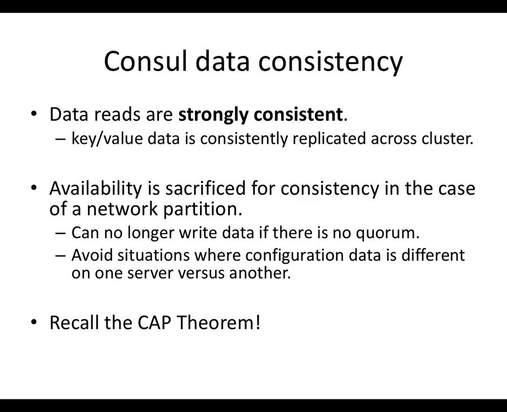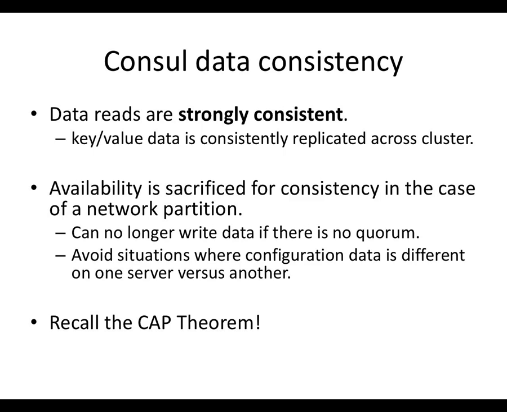Any of the data that is written to these servers that are clustered in Consul, that data is strongly consistent, which makes sense because, like I mentioned earlier, you would never want a case where the data was eventually consistent.